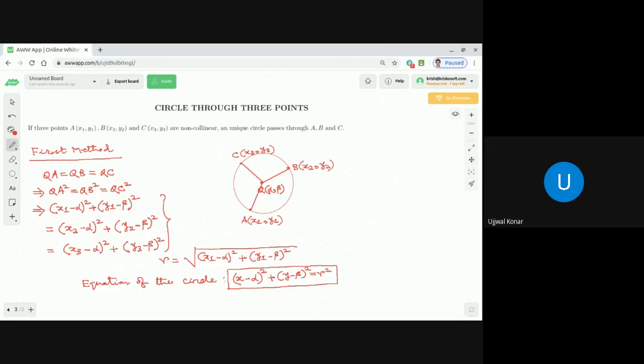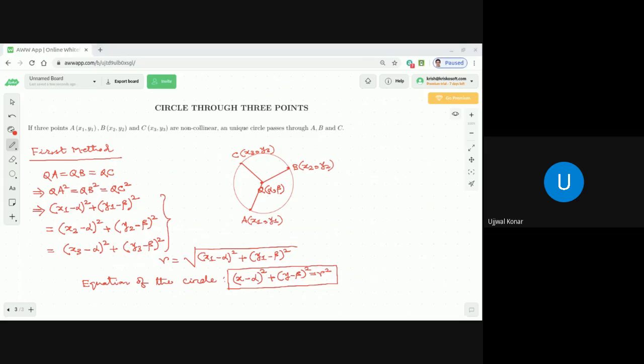Correct? Now, as we are able to get this, and the radius is equal to x1 minus alpha whole square plus y1 minus beta whole square, from there we can find the values of alpha and beta. If we solve these three, then we can find the unknowns alpha and beta.